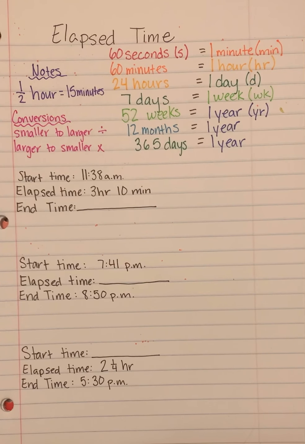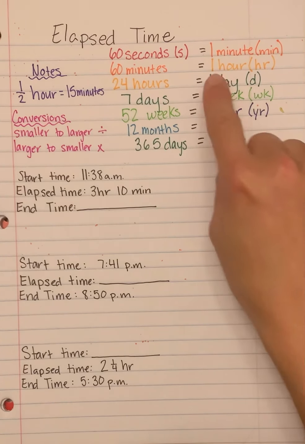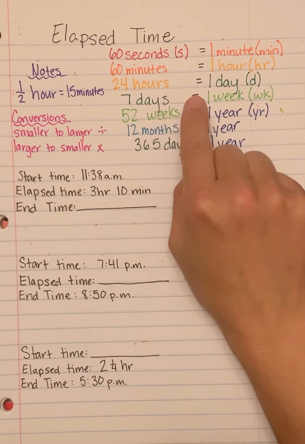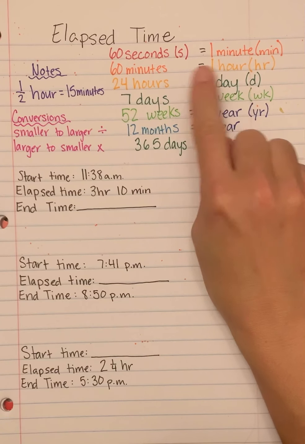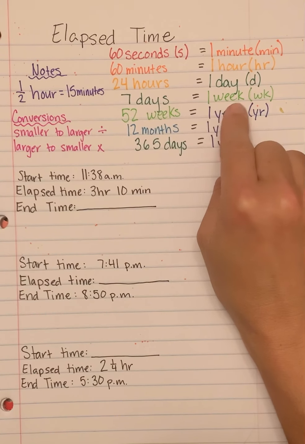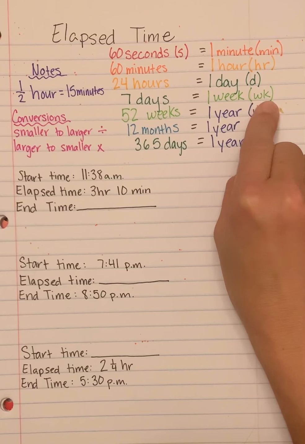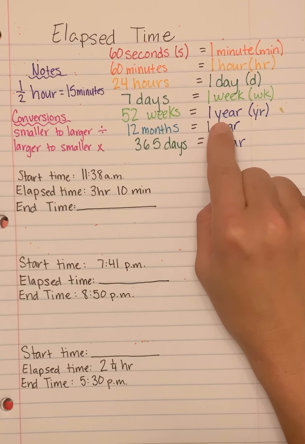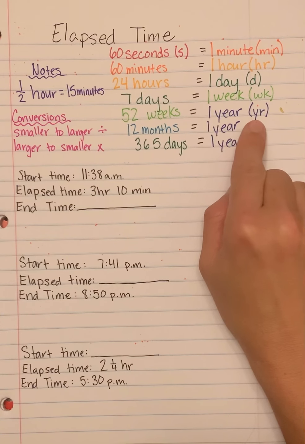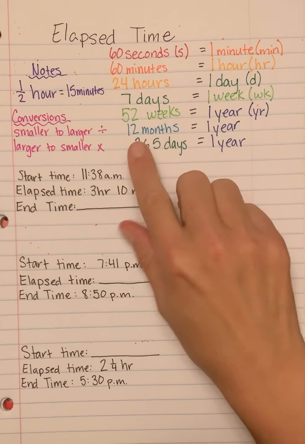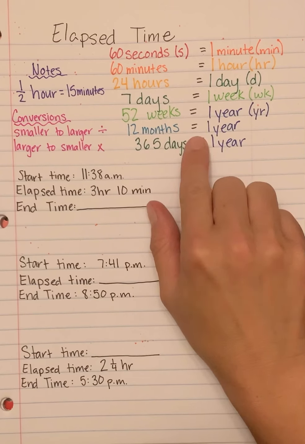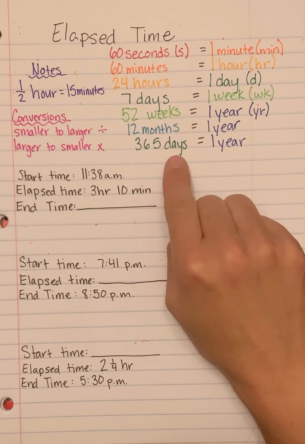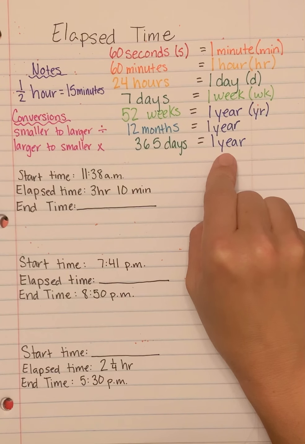We have 60 minutes is equivalent to 1 hour, or HR. 24 hours is equal to 1 day. 7 days is equal to a week, which the abbreviation is WK. 52 weeks is equal to 1 year, YR. 12 months is equal to a year. And 365 days is equal to a year.